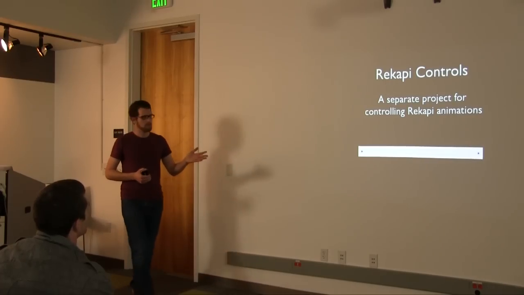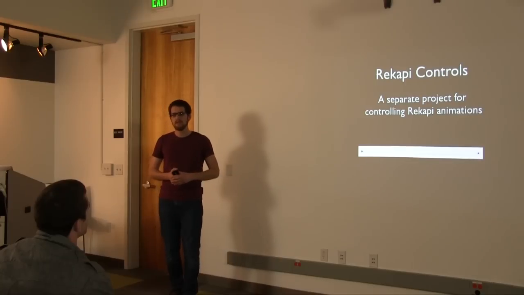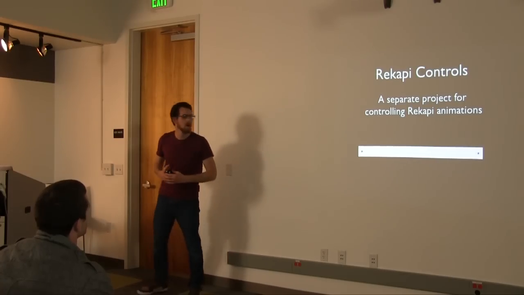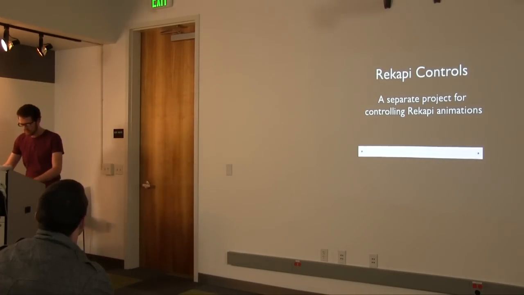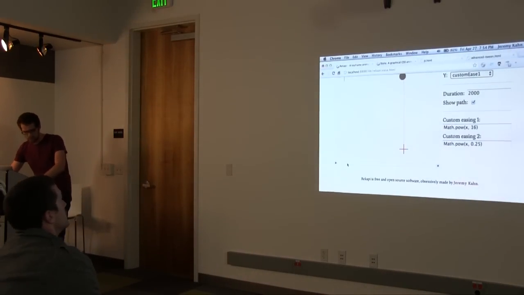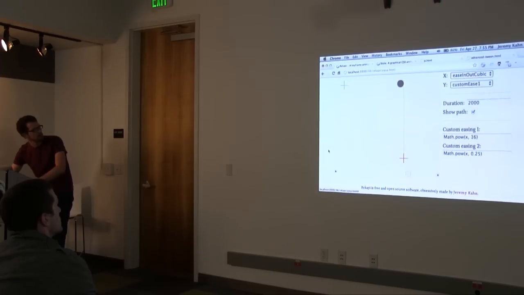We actually just saw this, but I've got a side project also on my GitHub. It's called Rekapi Controls. What Rekapi Controls aims to do is create a set of graphical UI components so you can control an animation. Let's take a look at how that looks again. I was using it a moment ago, but I just want to point it out. It's actually down here. This is not built into the app. Let's scroll up a little bit.